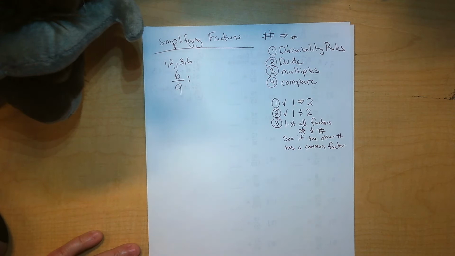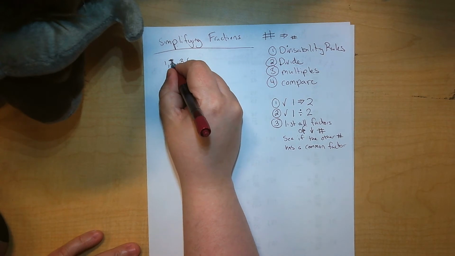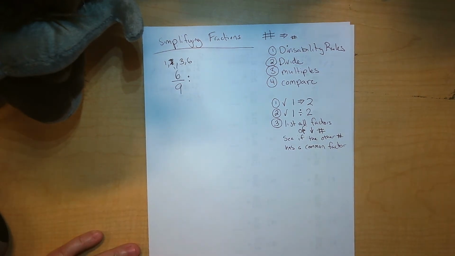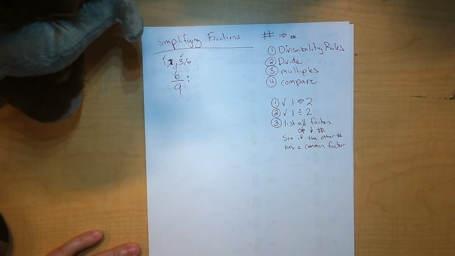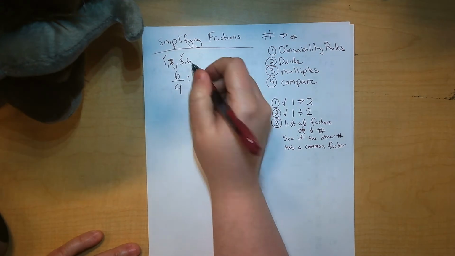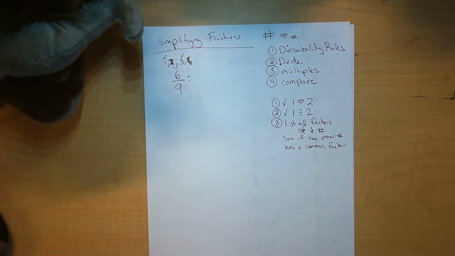Does 9 have a common factor with 6? Well, 1 will work. Will 2 work? 2 won't work. Will 3 work? 9 can be divided by 3, so 3 will work. And will 6 work? Will 9 divide by 6? No, so 6 won't work. So the only factors they have in common are 1 and 3.